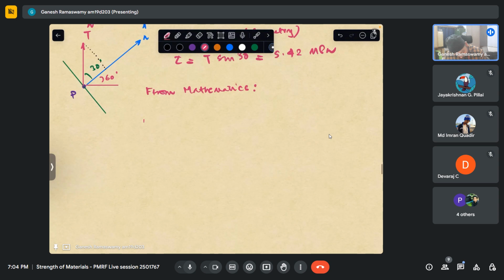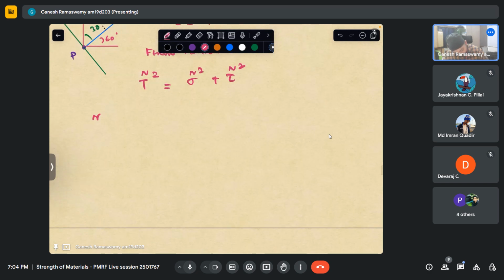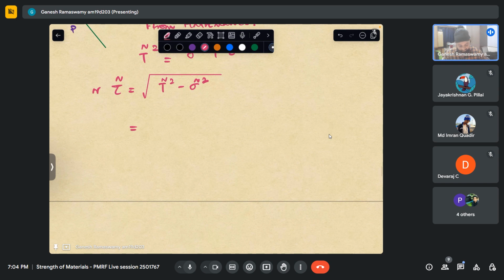we know that traction vector is nothing but the magnitude of the vector squared minus the normal stress squared. So how do we find the magnitude?